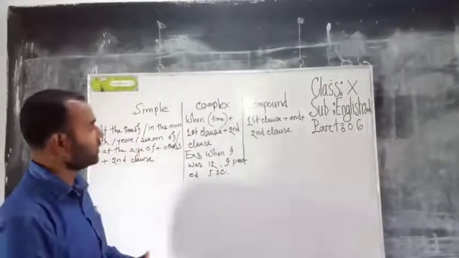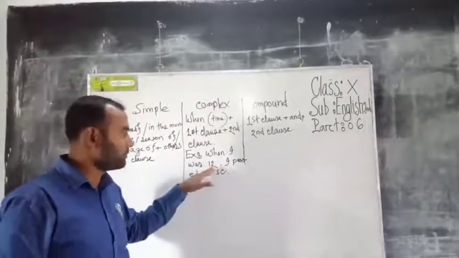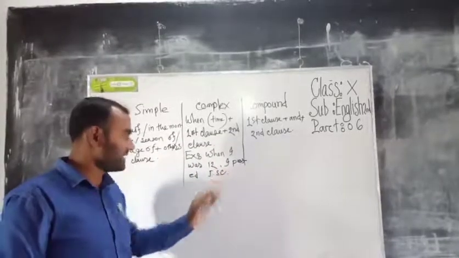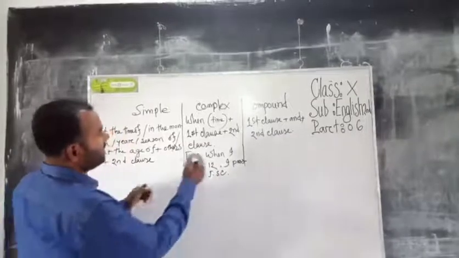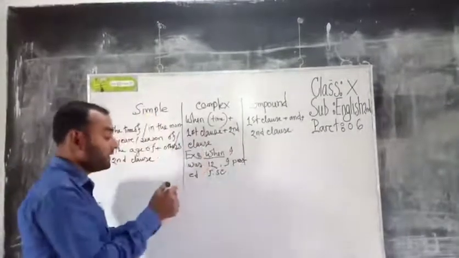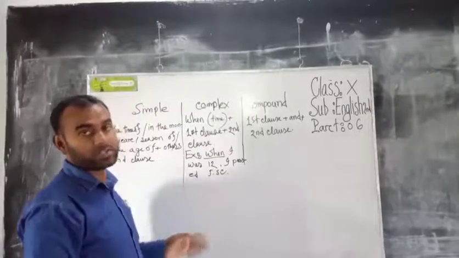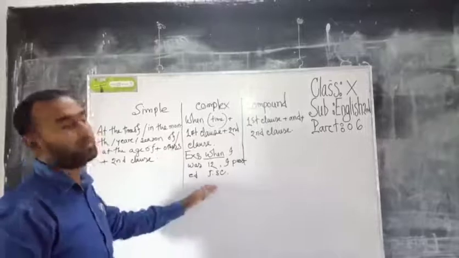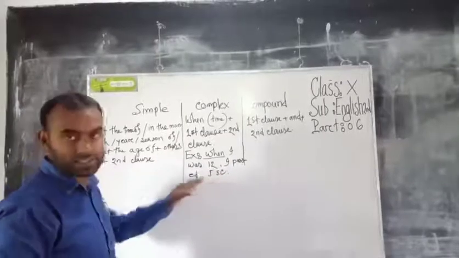Look, when I was 12, that means I was 12 years old, then I passed JSC. Here this when expresses time, that means at the age of 12. At the age of 12, I passed the JSC exam.